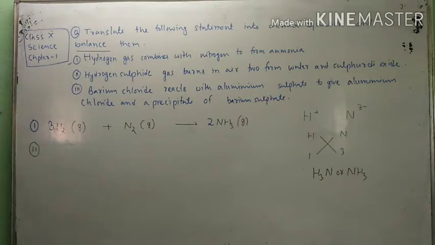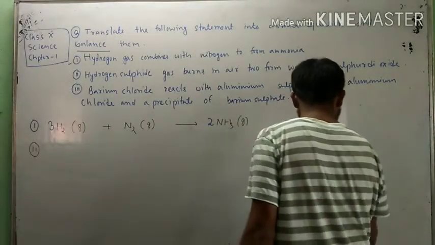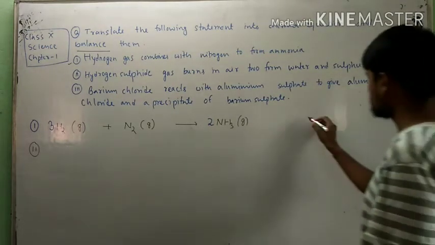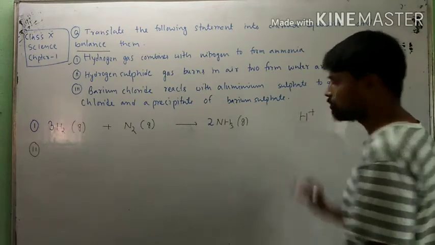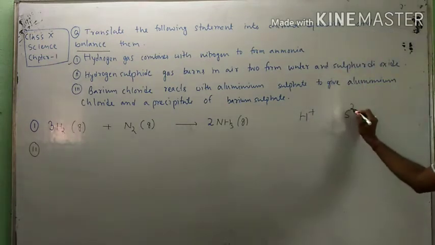What is given? Hydrogen sulfide gas burns in air to form water and sulfur dioxide. So what is the formula of hydrogen sulfide? We know that hydrogen is denoted as H positive, sulfide is denoted as S2 minus.